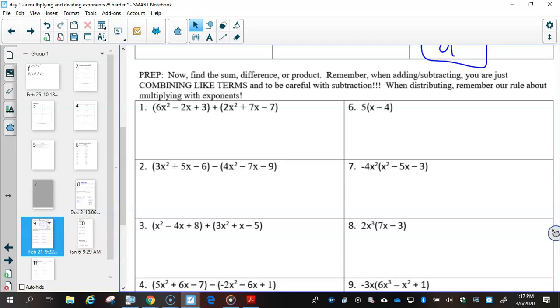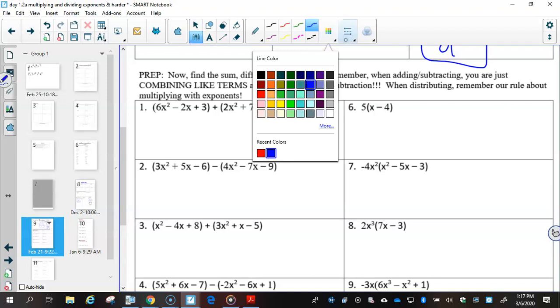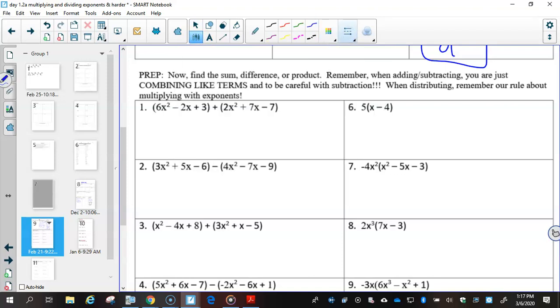So remember that polynomials are just multiple terms together. We're going to do one of each.